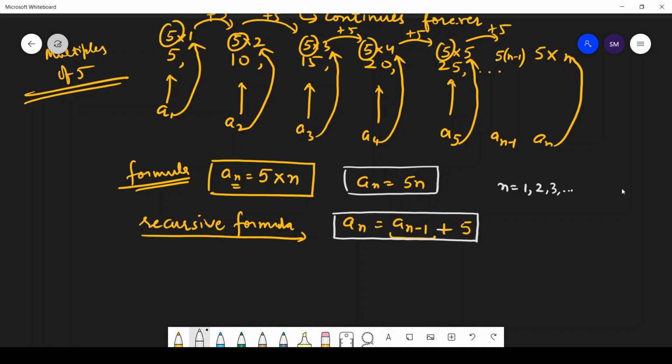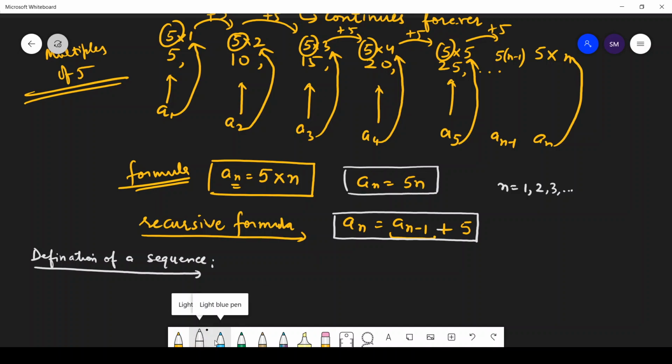Now, if we want to write the definition, this was our general understanding, but I want to write the definition of a sequence. You can directly write in your notebook as I dictate.